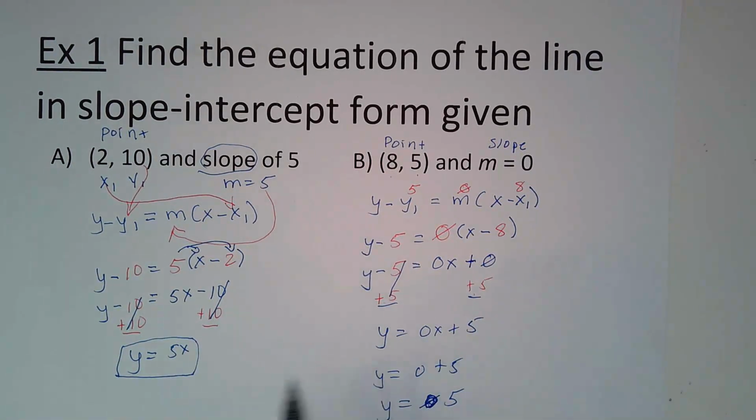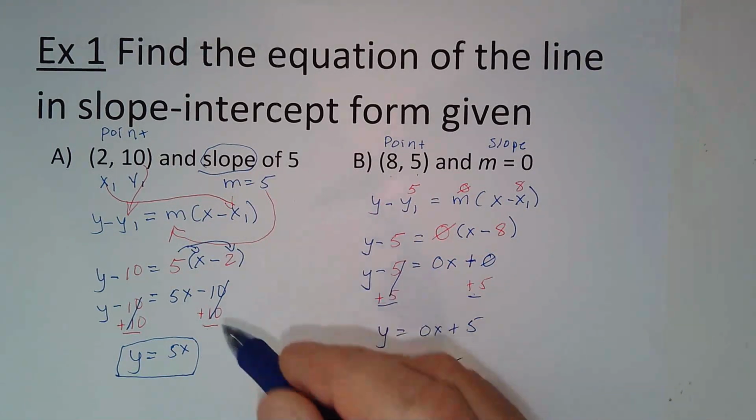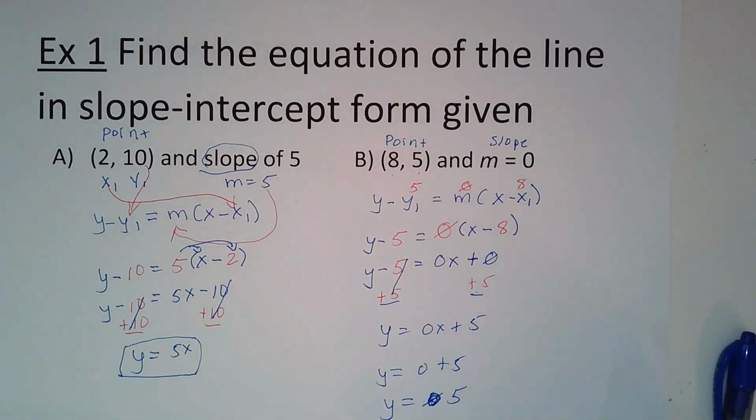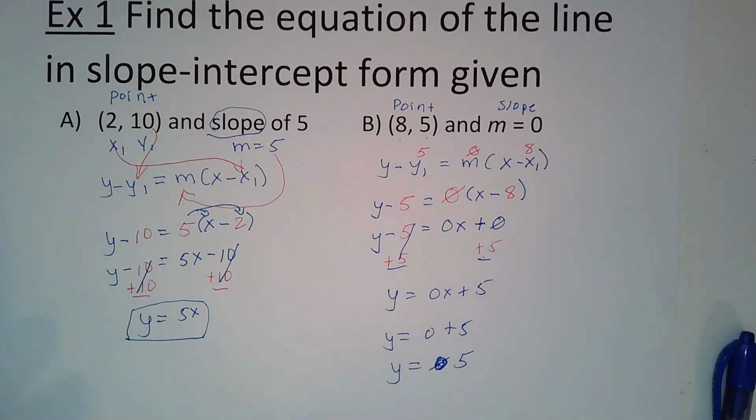Now, I'm going to show you how to just quickly, at least with this particular problem on the left, verify with your calculator that indeed that's a correct answer. So here, your point is 2 and 10. Let's clear this.